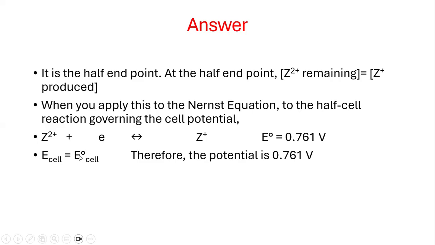If I ask you a question, what is the situation when the cell potential is 0.761? What is the situation in the flask? Can anybody think and answer? Half of it, the Z plus is reacted.